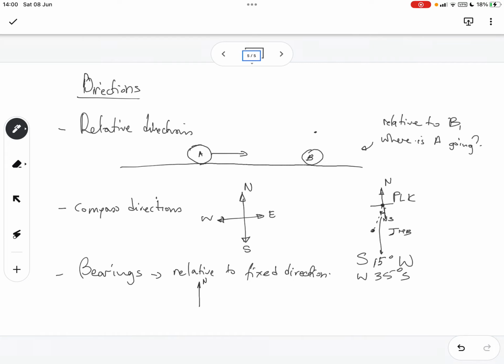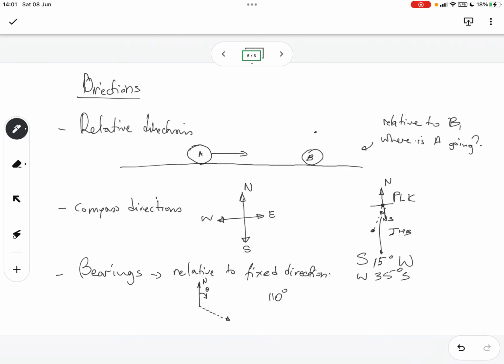So if you're traveling using bearings, and we have an angle that you're traveling on, then that bearing is relative to this direction.